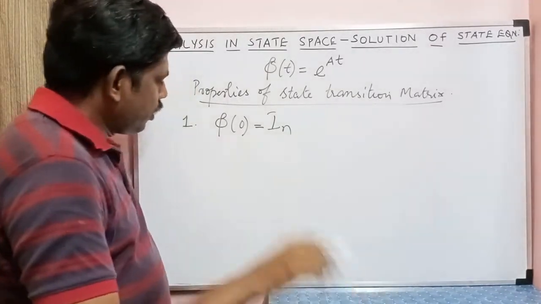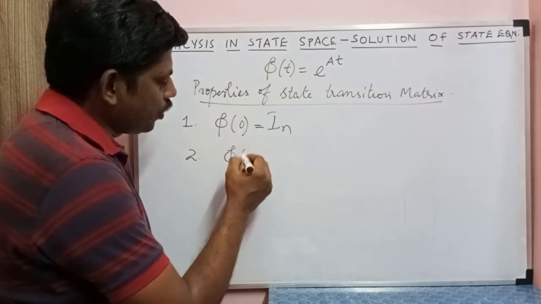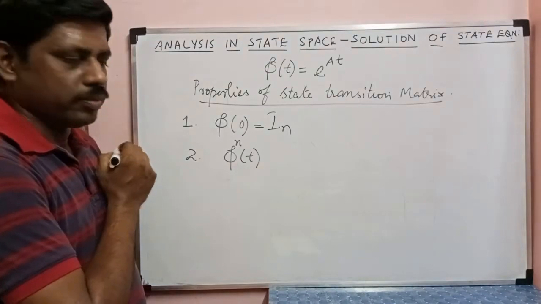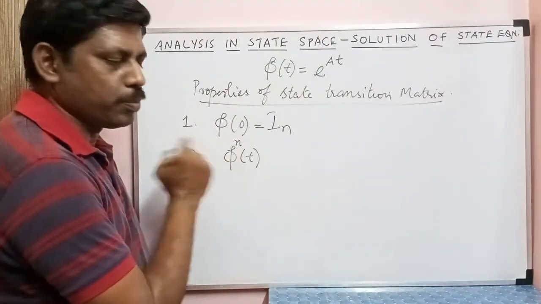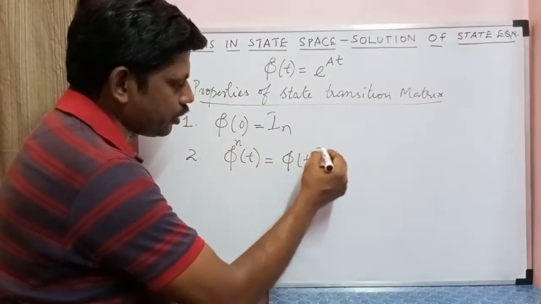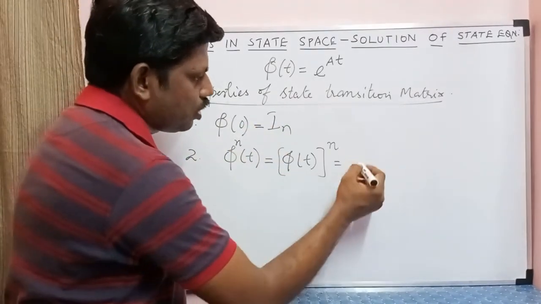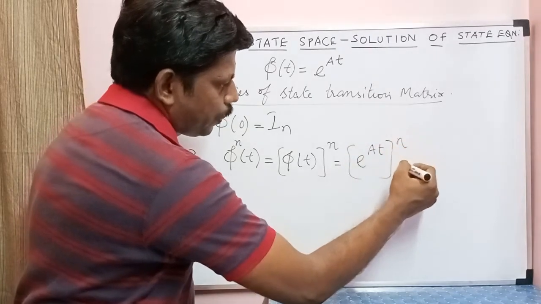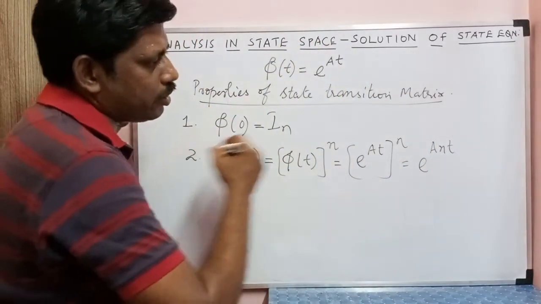And now let us see, if I have phi of t and I take its nth power. Please note again, phi of t is a matrix and I am taking the nth power of this matrix. This I can also write as phi of t power n. What is phi of t? e power At the whole power n. This is e power A n t, I can write.